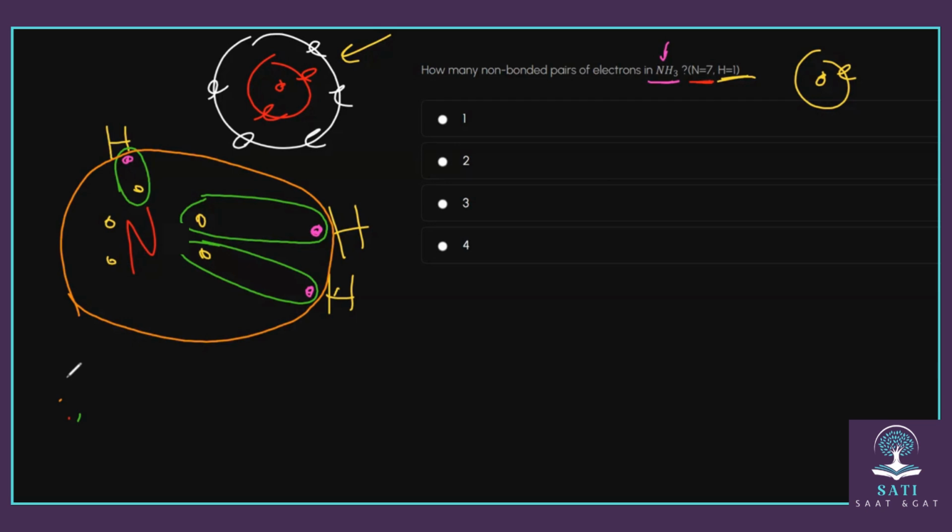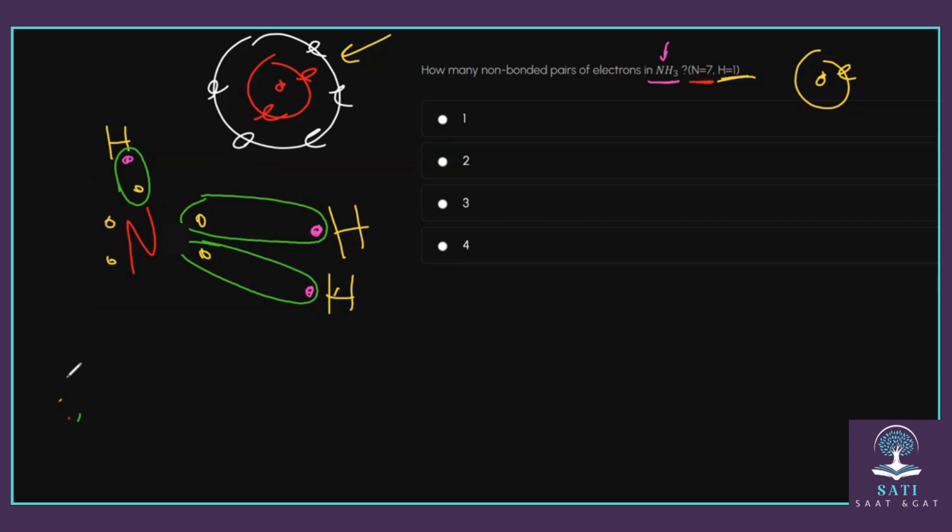Same thing for hydrogen: it will feel like these are its own 2 electrons, so it's stable because the first shell is full. Same thing for the second and third hydrogen. Now we have explained how the bonds are made inside this molecule, NH3.